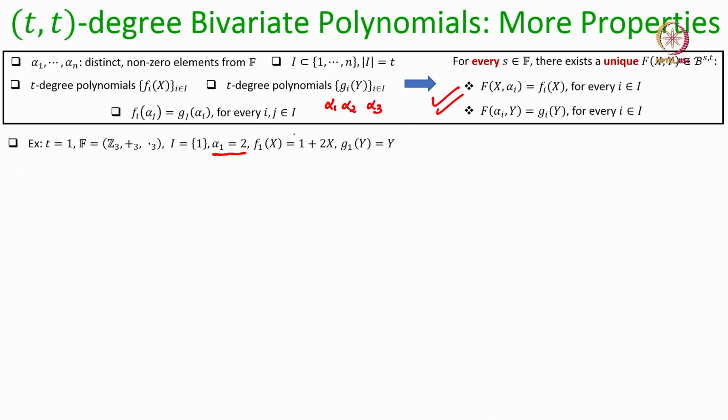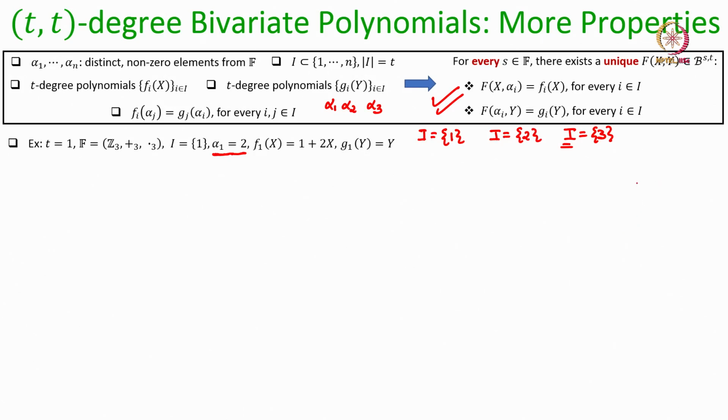Since this field has only 3 elements, I can choose 3 distinct evaluation points. Then my I could be either the first evaluation point, or the second, or the third, because the set I corresponds to t evaluation points and t is equal to 1 here.